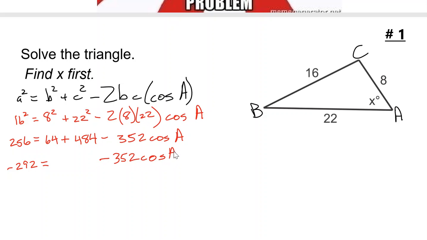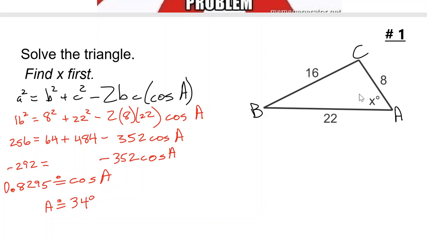So when I divide both sides by negative 352, I get 0.8295 roughly equals cosine of A. And so A is going to be second cosine, second answer, 33.9, might as well say 34 degrees.